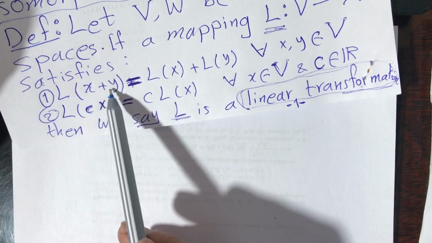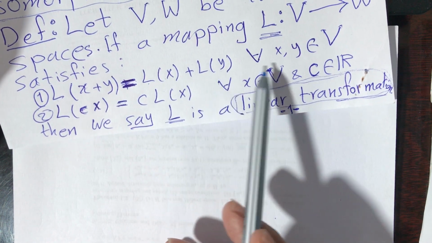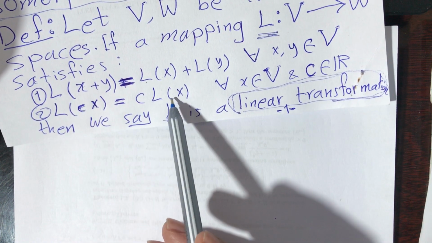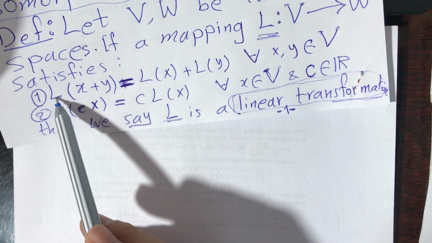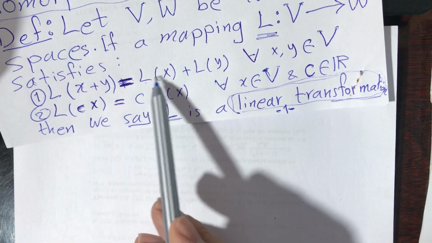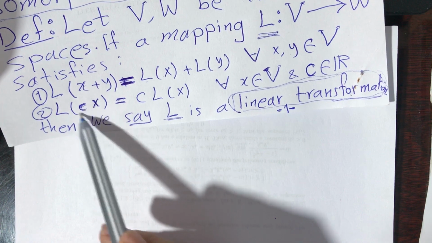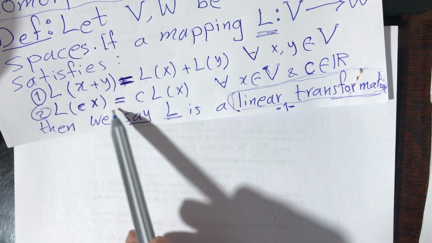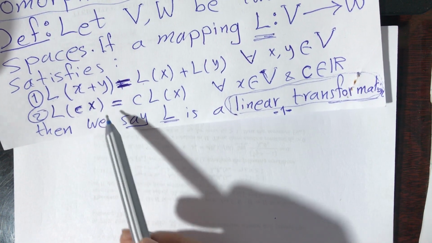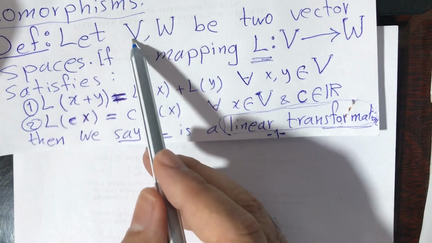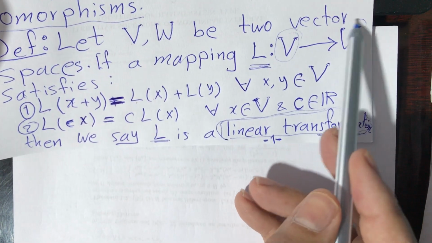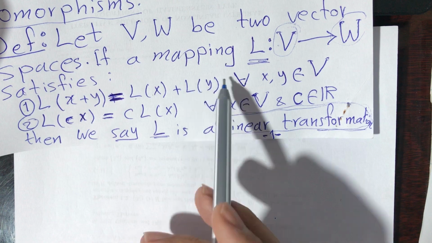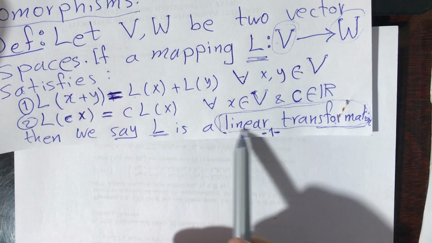First condition: L of x plus y is equal to L of x plus L of y for all x, y belonging to V. And L of Cx is equal to C, moved out of L. In the first condition L moves to x and to y, and in the second condition C moves out of L. If we satisfy these, where V and W are vector spaces, then we say that L is a linear transformation.